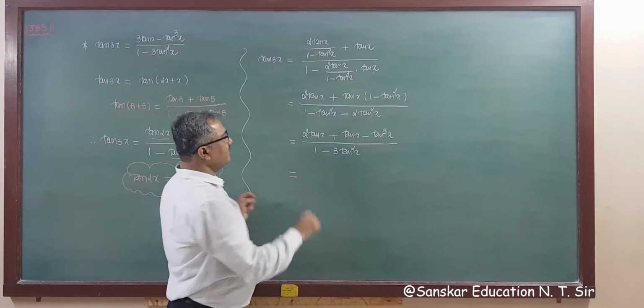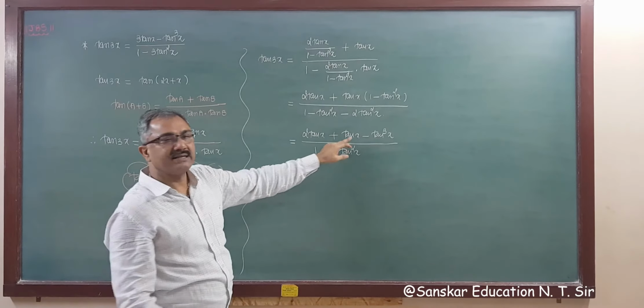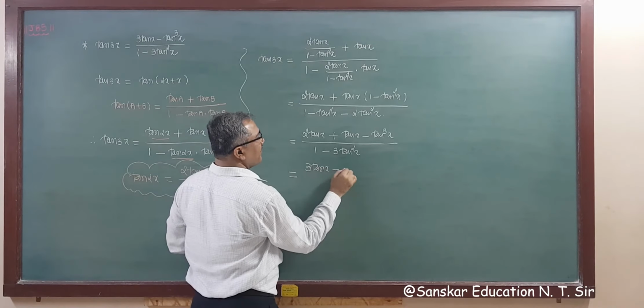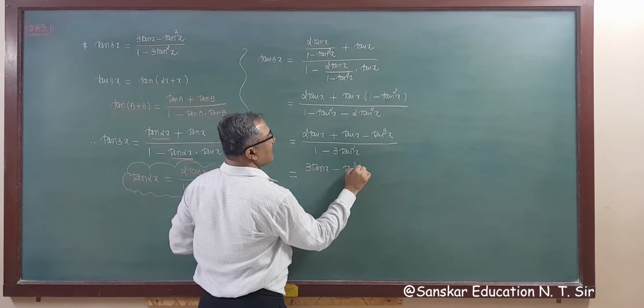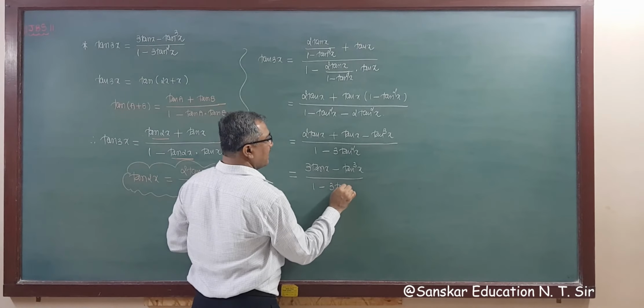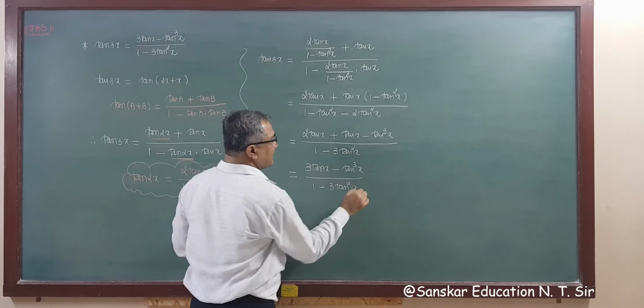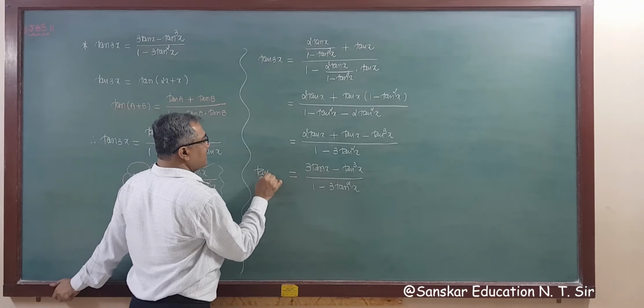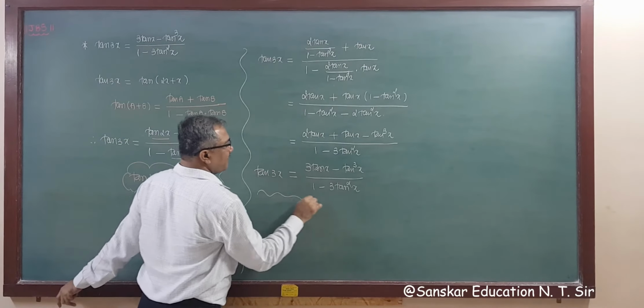So the final answer will be 2 plus 1, that is 3 tan x. So 3 tan x minus tan cube x whole upon 1 minus 3 tan square x, right? So finally the answer is, this is your formula for tan 3x.